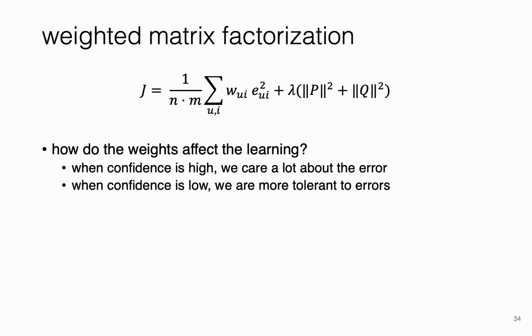If the prediction is bad for a confident feedback, then it is even worse now. When our confidence in one feedback is low, we assign lower importance to its error term. If the prediction is bad for a feedback we are not confident in, then this is more tolerable now.